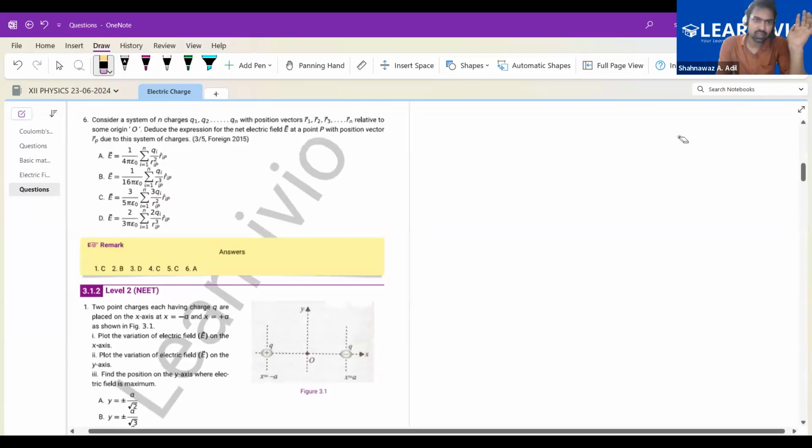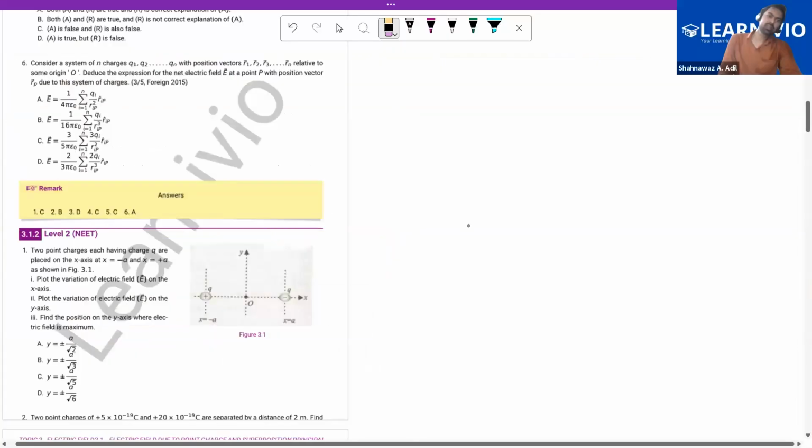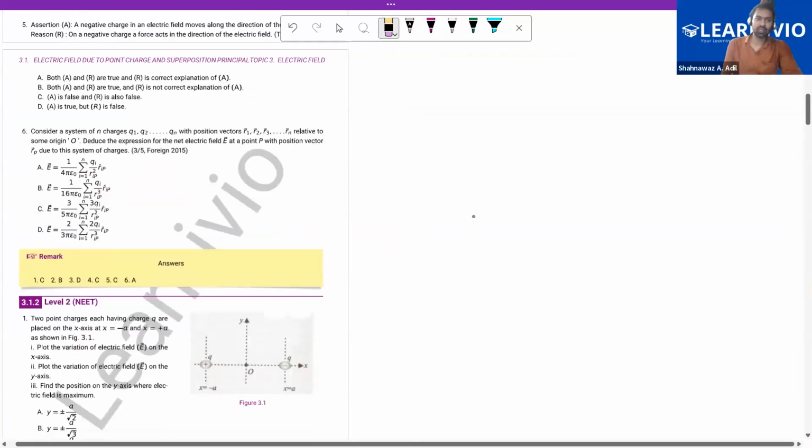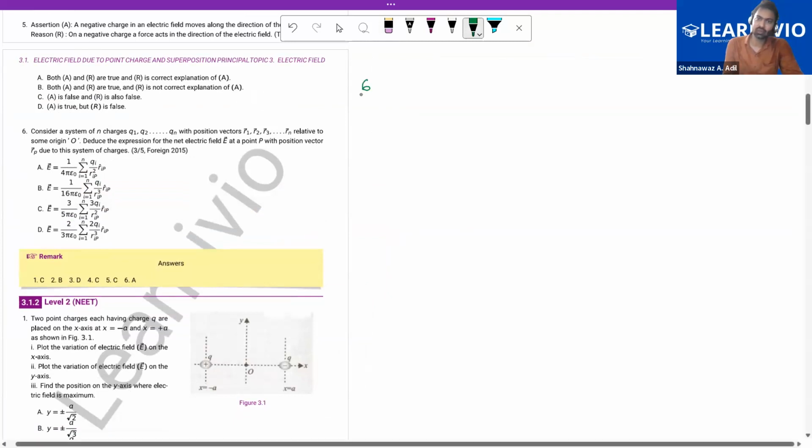So let us start with our own thing, right? Okay, sir. Okay, so consider a system of n charges, and we have already talked about this thing. So let's discuss this again. So we have Q1, Q2, Q3, up to Qn, with position vectors, let's say we are calculating the point from here.